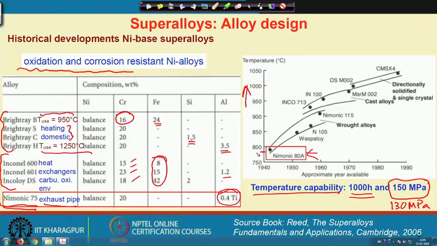And Waspaloy we have already talked about, where we have used the wrought alloys.